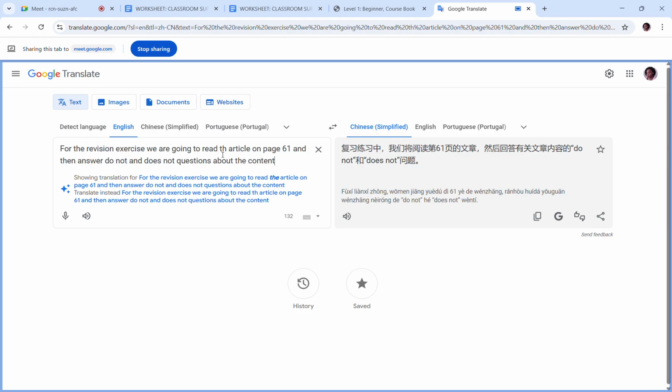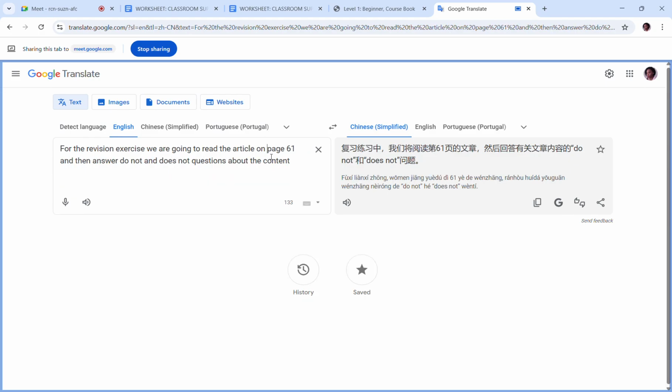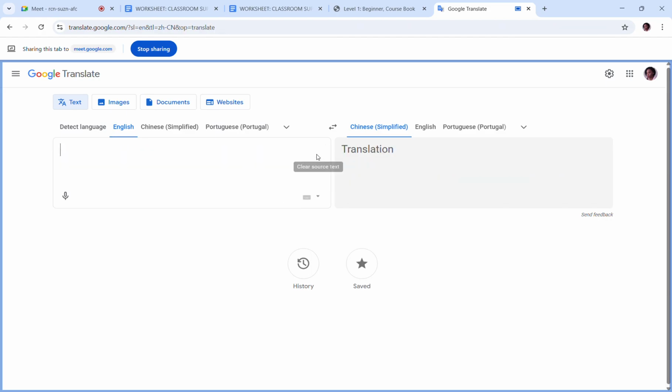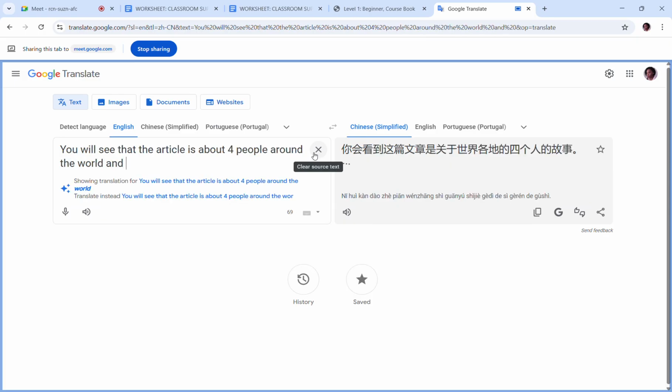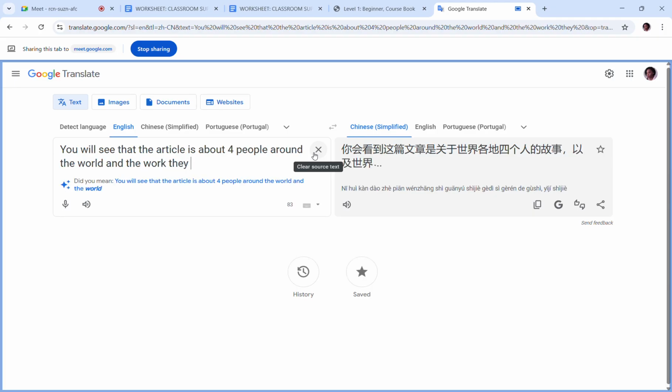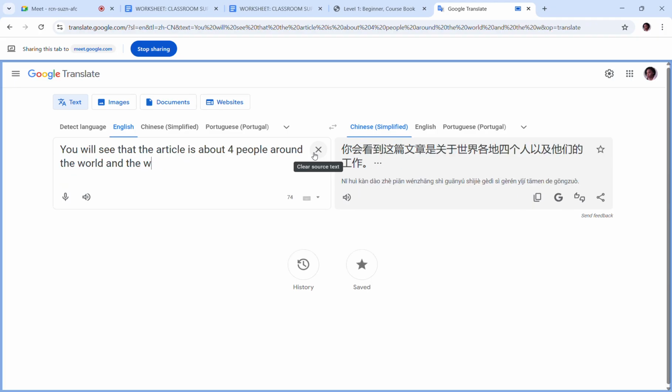So we are going to read the article on page 61. You will see that the article is about four people around the world and their work and their life.